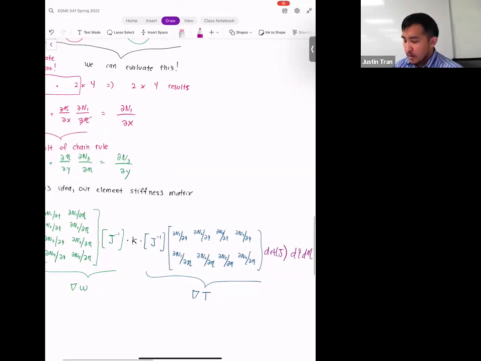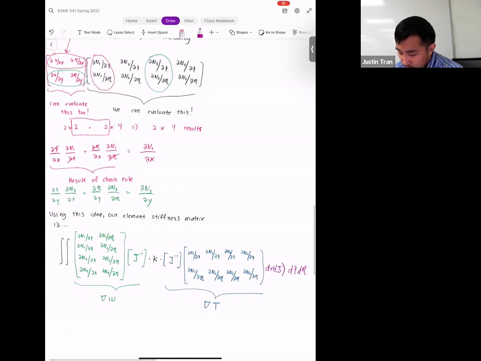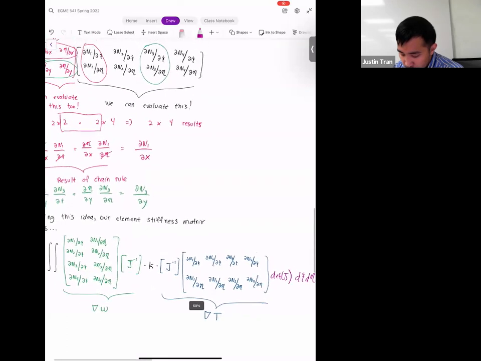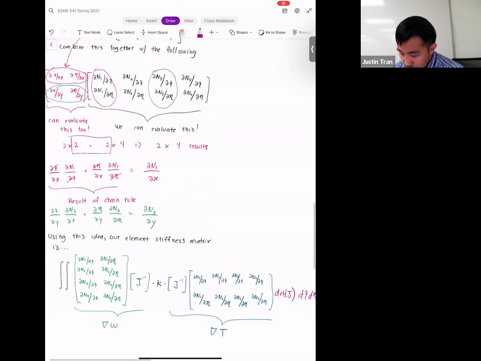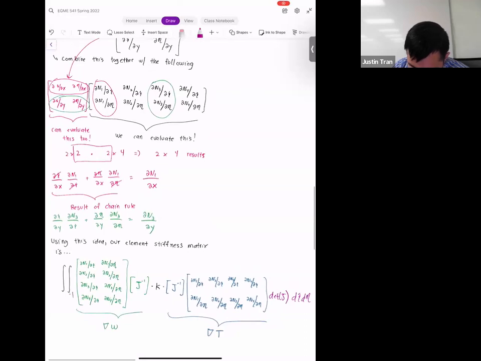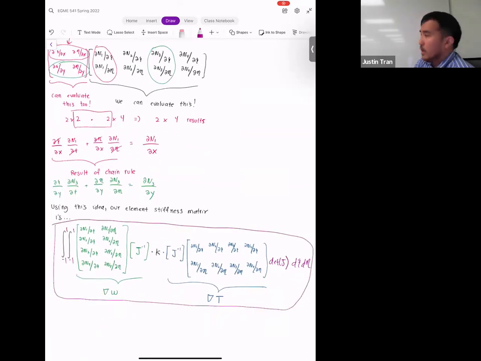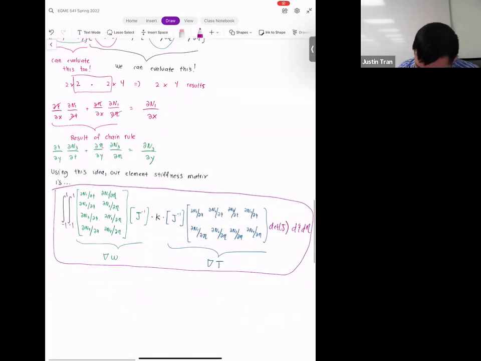Then we have our integration variables, epsilon and eta, so we have d epsilon d eta. And of course, our integration bounds, because we performed that change of variables, are -1 to 1 on both epsilon and eta. This entire thing right here is our element stiffness matrix in 2D using isoparametric elements.